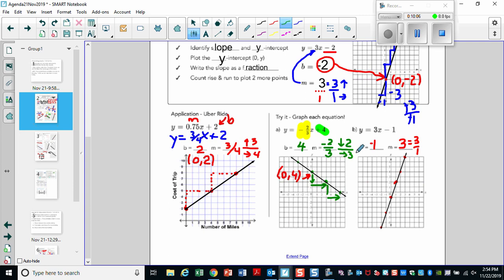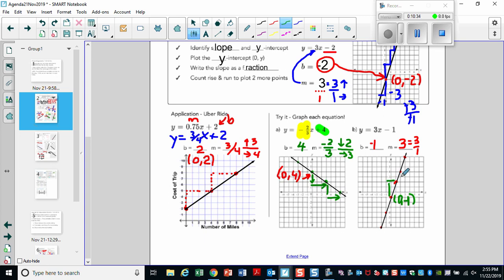In this problem, b is equal to -1. Our starting point is (0, -1). And then we follow the trend. So this time we go up 1, 2, 3. We go up 1, 2, 3, and to the right 1.